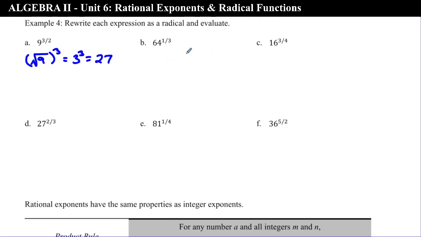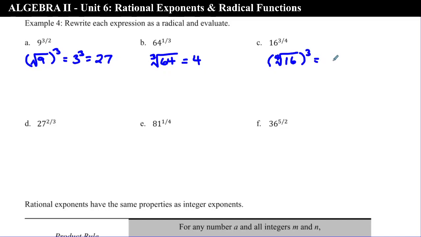64 to the 1/3 is the same as the cube root of 64. Really, it's the cube root of 64 all raised to the 1, but you don't have to raise it to the first power. So the cube root of 64 is 4. 16 to the 3/4 is the same as the fourth root of 16 raised to the third.